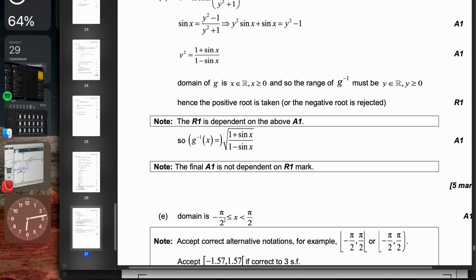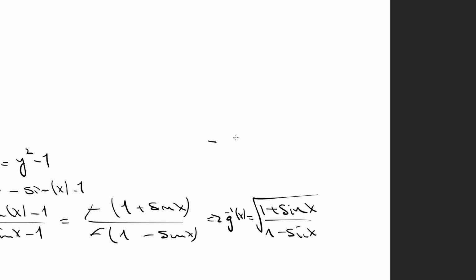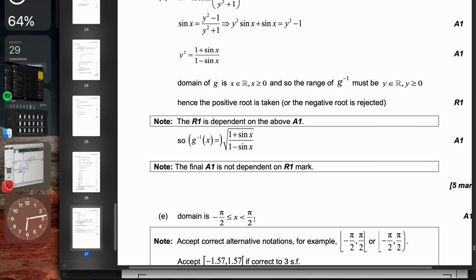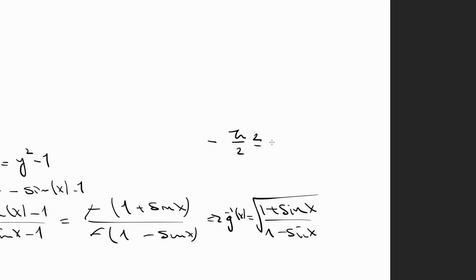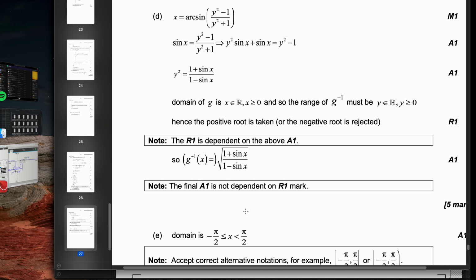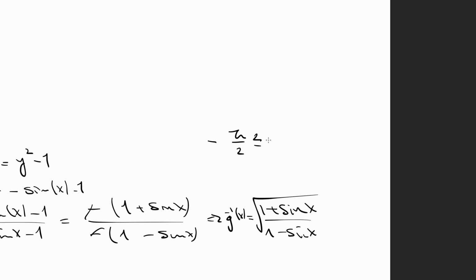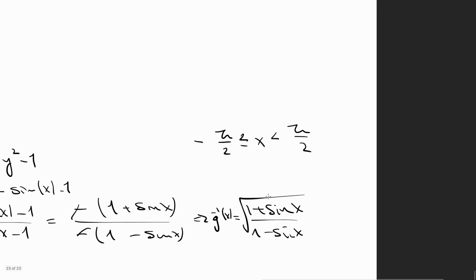But yeah, so negative pi over 2 to pi over 2. That makes sense, right? So 1 plus sine of negative pi over 2 is 0, so that is fine, right? But then it can't be pi over 2 because your denominator will be 0 in that case.